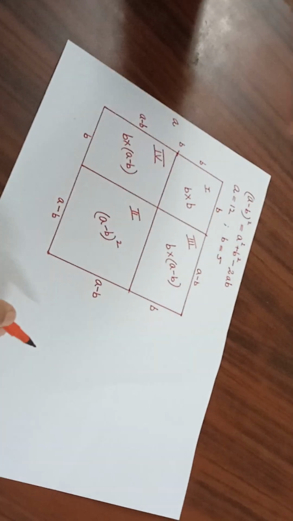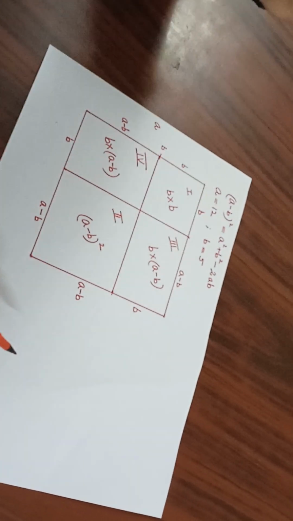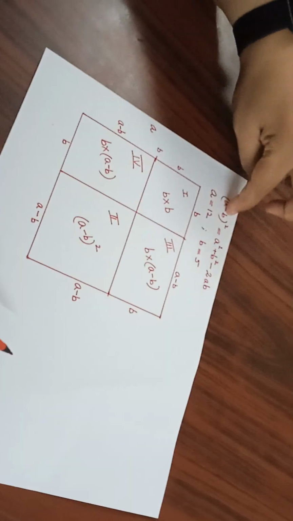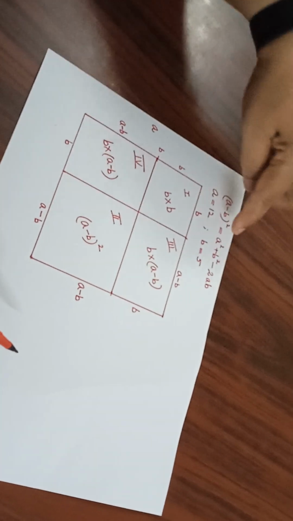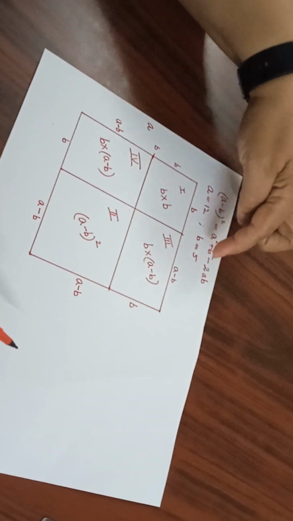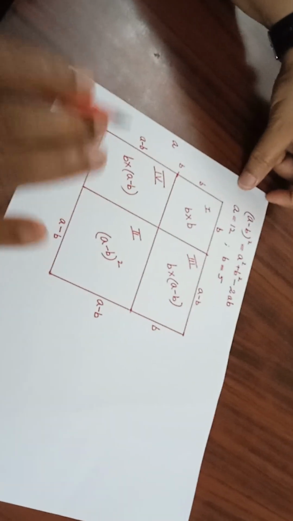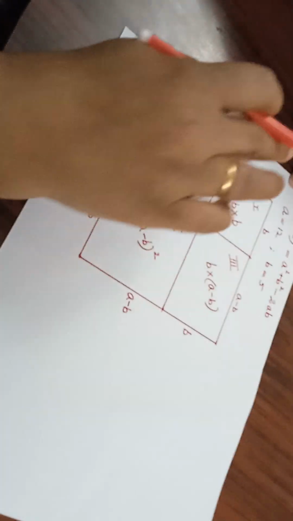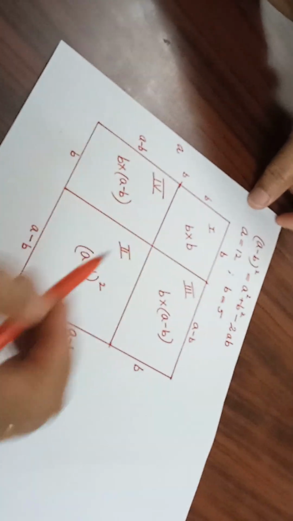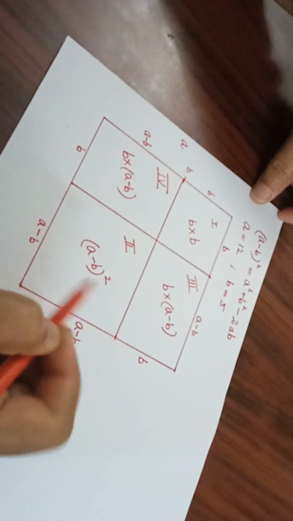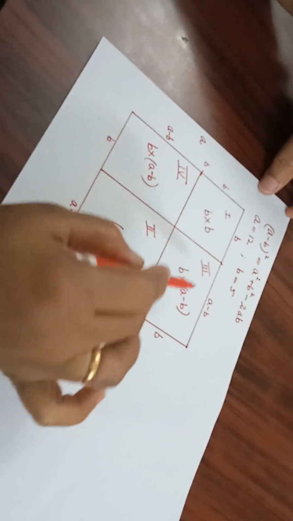Now our task here is to prove the identity (a minus b) the whole square is nothing but a square plus b square minus 2ab. That is what we are trying to prove here, right? After completing this procedure, you have got four pieces: two squares, and the other two parts are two rectangles.